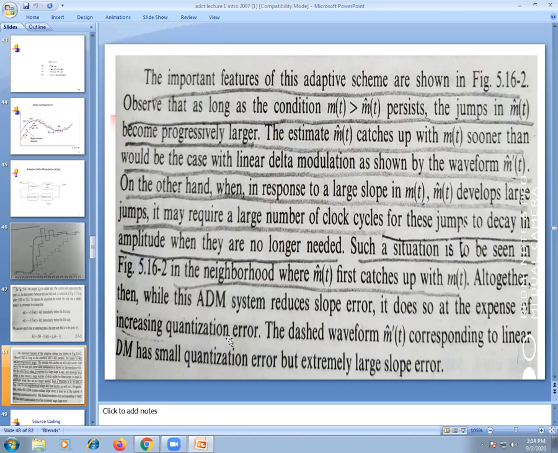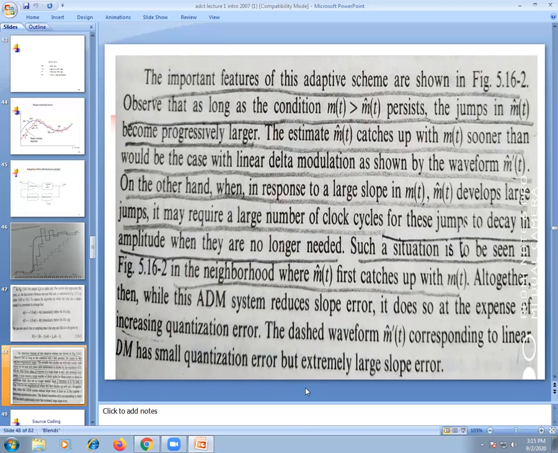Okay. So altogether, while this adaptive delta scheme reduces slope error, it does so at the expense of increasing quantization error. The dashed waveform in M cap of t corresponding to linear delta modulation has small quantization error but extremely large slope error.